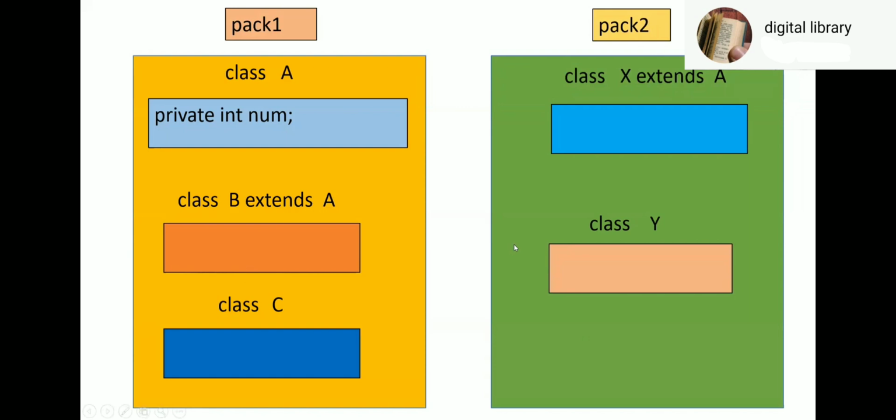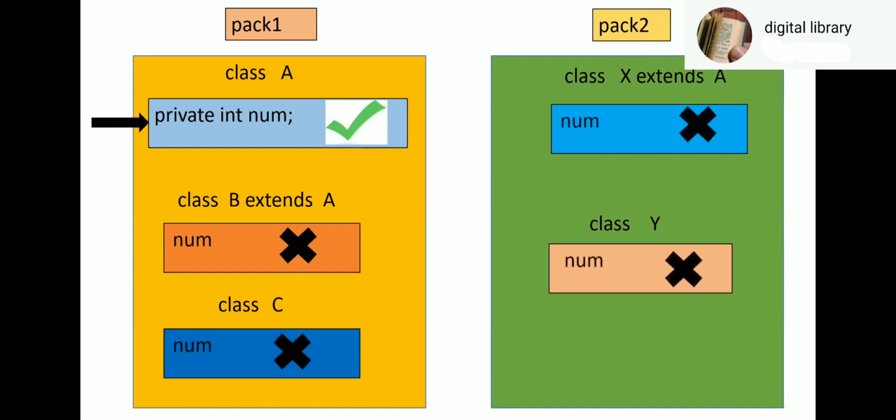Before I click, where will this num be accessed? In the same class A only. Same class, pack 1 only. Correct. Private: the same class. So private can be accessible only in the class where it is created.